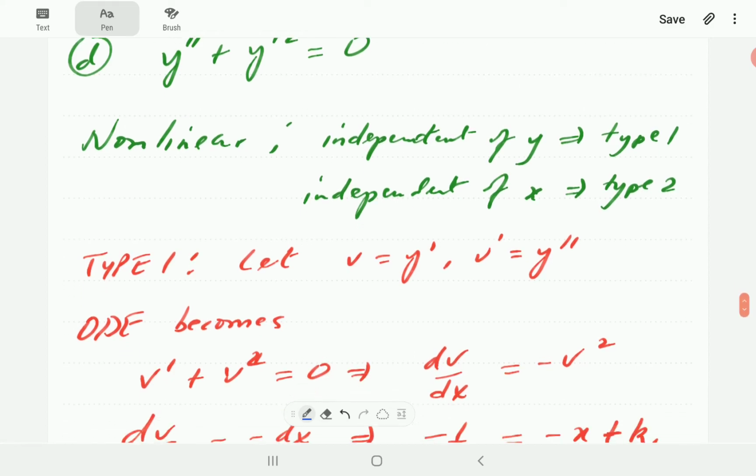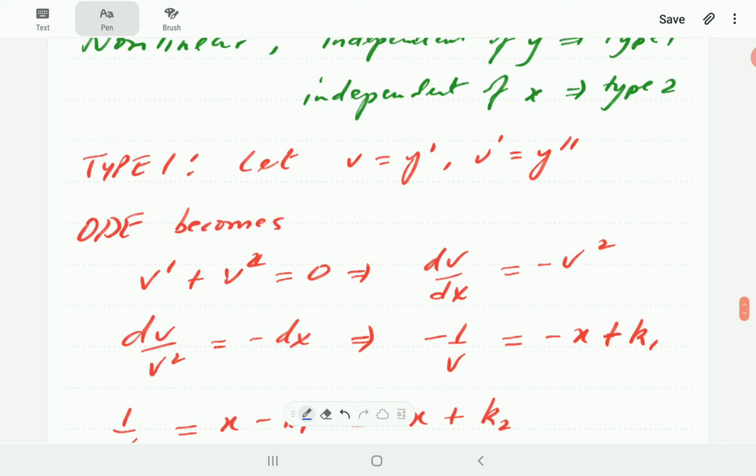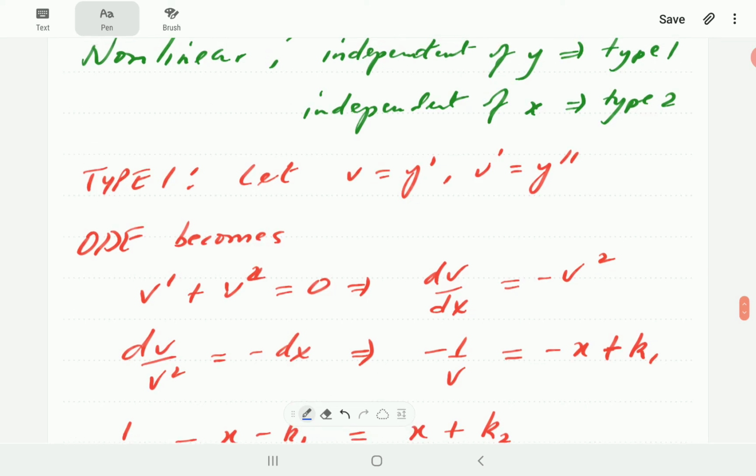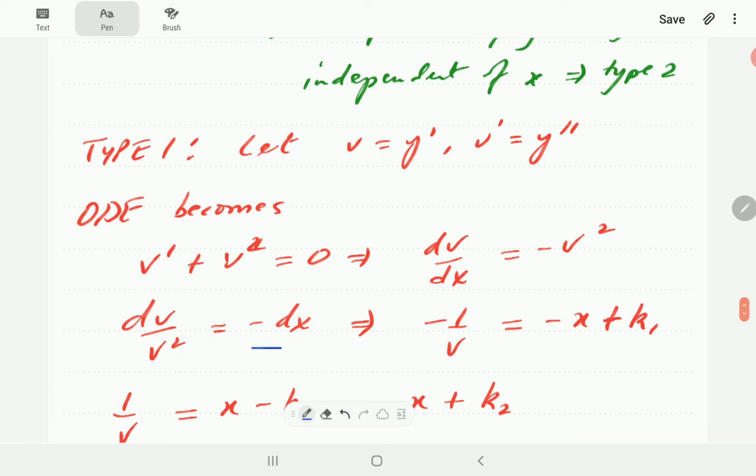Okay, so as a type 1, v prime is y double prime and v is y prime. So the equation becomes v prime plus v squared equal to 0. Take the v squared to the other side, and so we can separate variables here. Integrating, this side is going to be -1 over v, this one minus x plus k1.